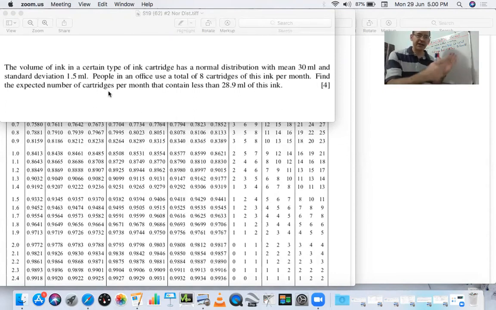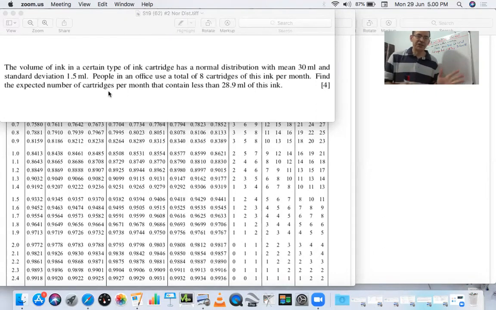So one standard deviation would include 68% of your data. Then it says people in an office use a total of 8 cartridges of this ink per month. Find the expected number of cartridges per month that contains less than 28.9 milliliters of this ink.